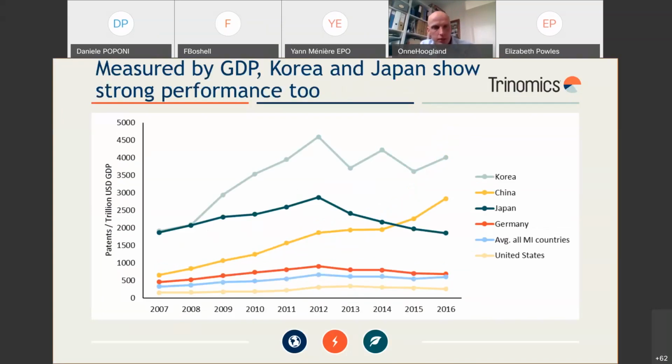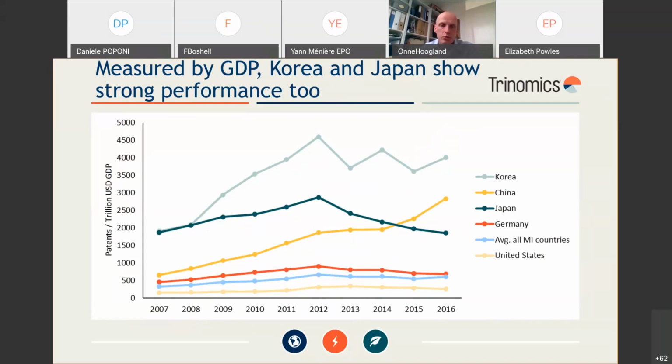If we change the perspective a bit and we divide the number of patents by the GDP as a measure of the size of the economy and the size of the resources that the country would be able to mobilize for innovation, then we get a different picture. Then we see China still showing strong growth, but in particular Japan and Korea show exceptionally high performance if you look at patents per unit of GDP. So this changes the picture quite a bit.